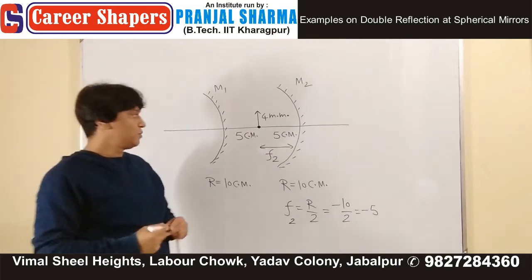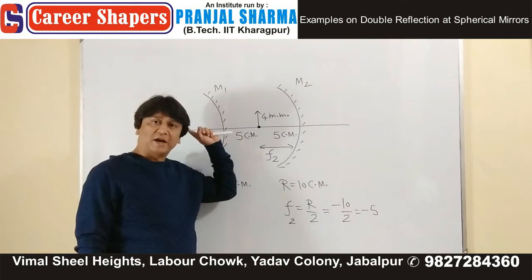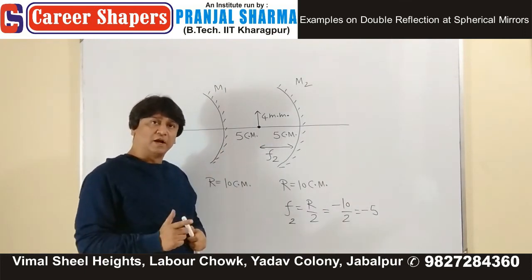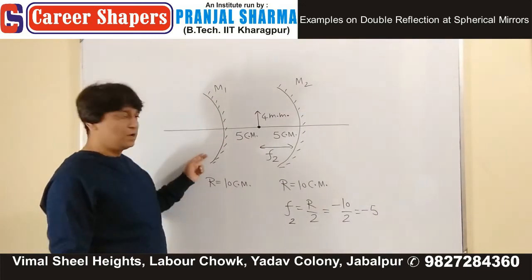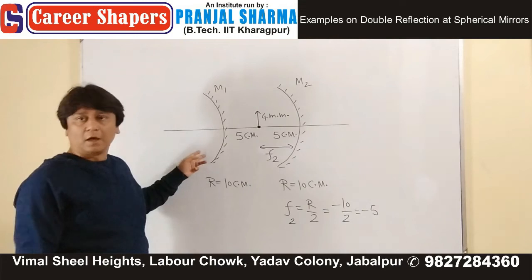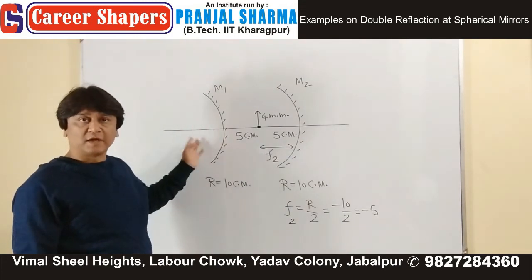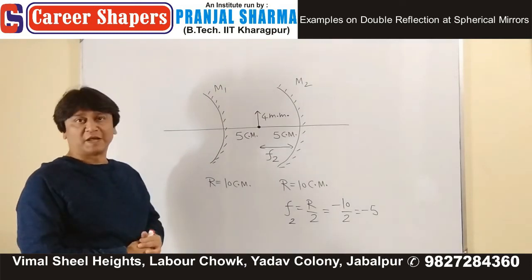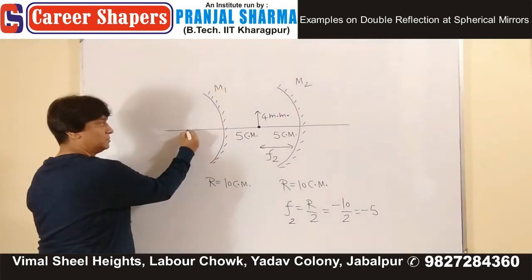Everybody knows that when object is at the focus, image forms at infinity. If image forms at infinity, that means for M1, rays are coming from infinity. If rays are coming from infinity, then intersection takes place at the focus. Where is the focus? Right here.